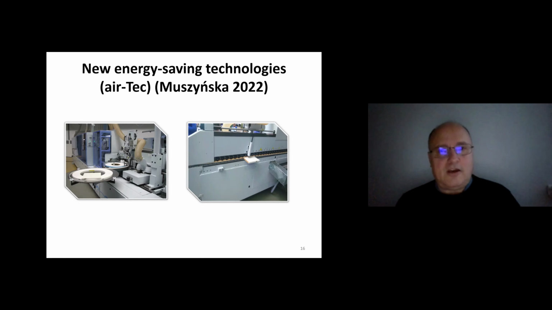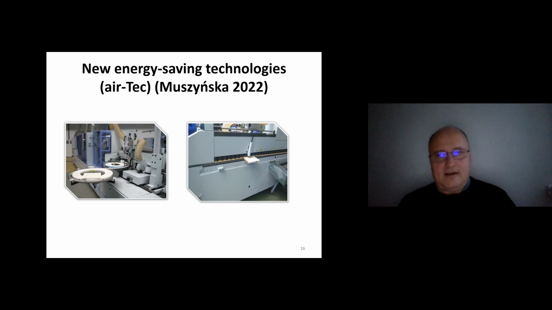And when we use this new technology, for example, AirTech, which the Tomasz company offers, for furniture production, for edge banding, we can use special edges with a mono-nano layer of adhesive.